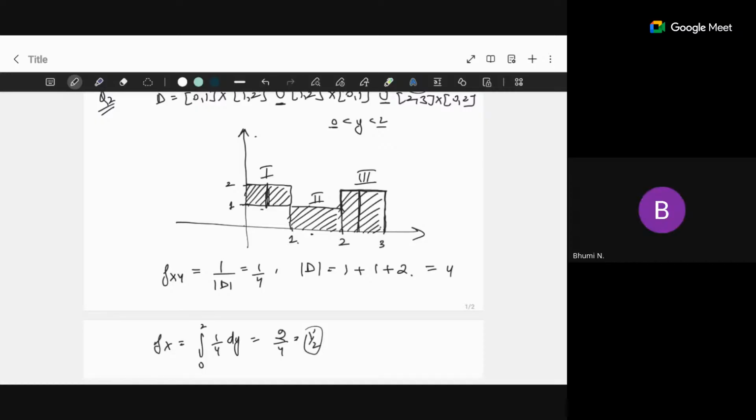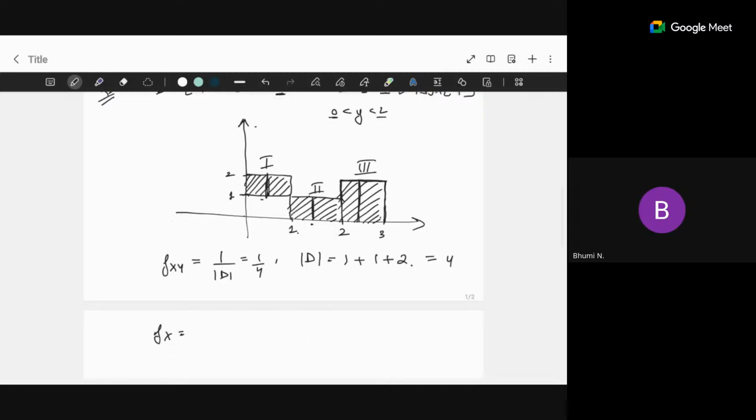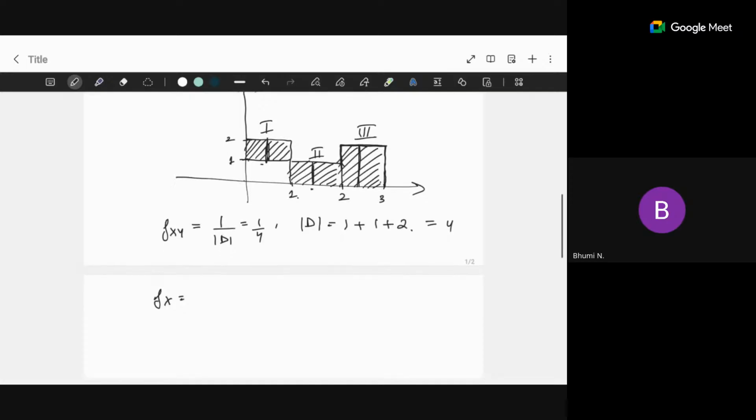Ma'am, are you calculating for f of x or f of y? We are calculating for f of x. Then if we are calculating f of x, what will be our range of x?